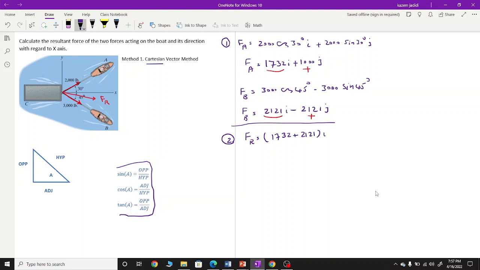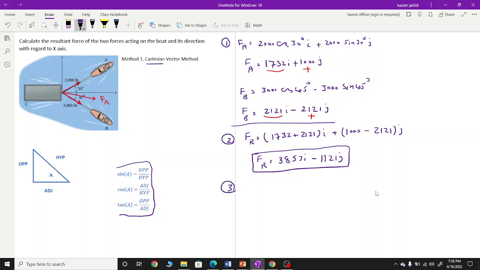Usually for homework or for an exam, you will be asked to exhibit the resultant force in Cartesian format, which I'm doing now. If you add them, this is going to be 3853 I and negative 1121 J. This is the Cartesian format of Fr.